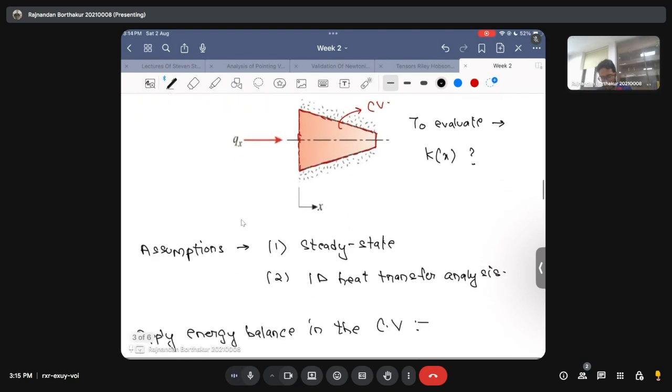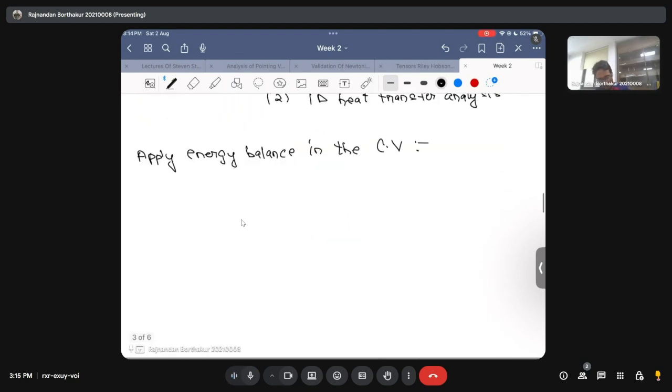Let's just write this energy balance for this control volume. The energy that is coming inside the control volume minus, in fact, I would write energy per unit time, which then becomes the rate.